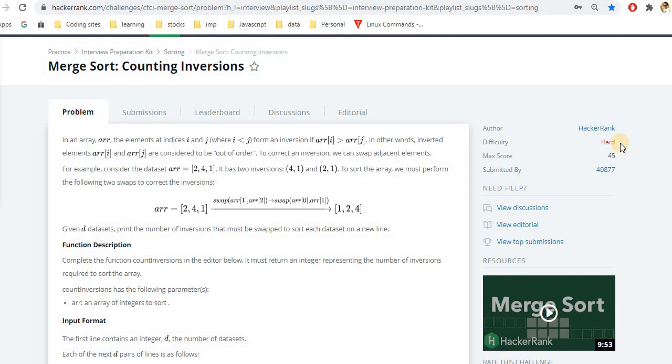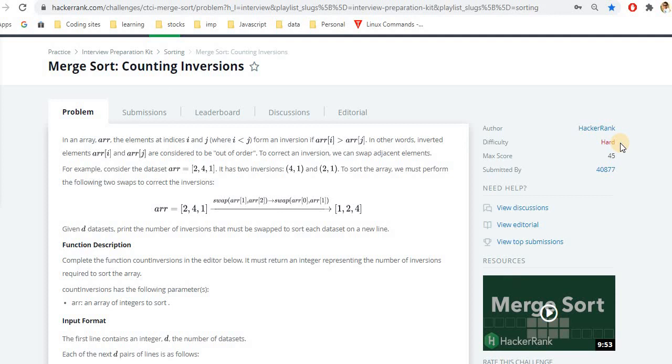The third technique was using a self-balancing tree. A self-balancing tree can be implemented using a set, and a set by nature is in ascending, sorted order. So what we can do is insert an element into the set and then check the distance between that element and the upper bound. That will give us the counting inversion or the inversion number.